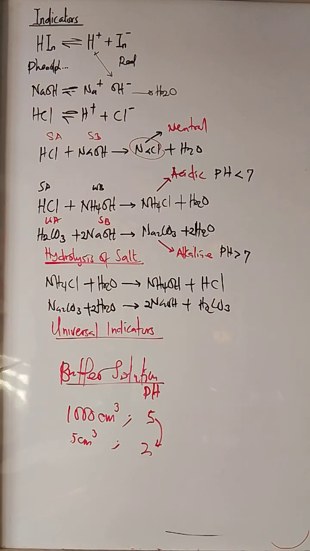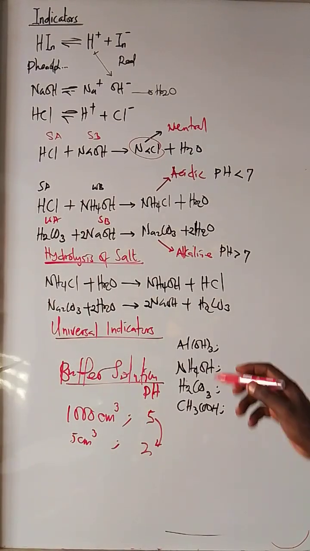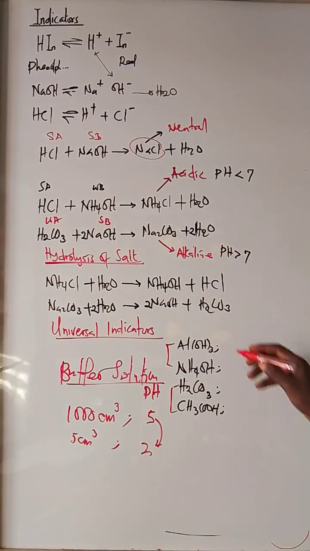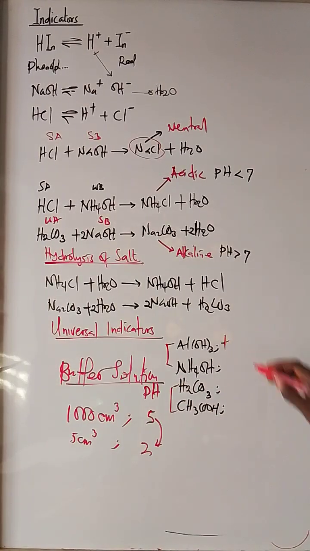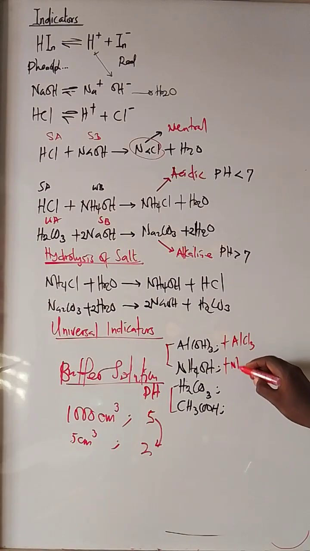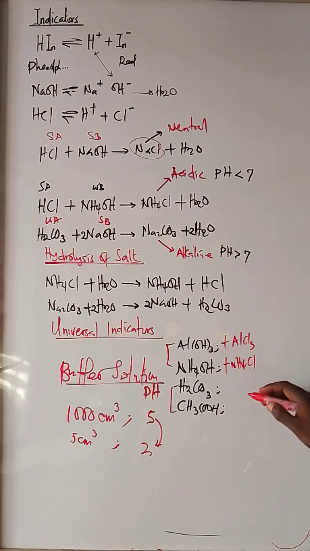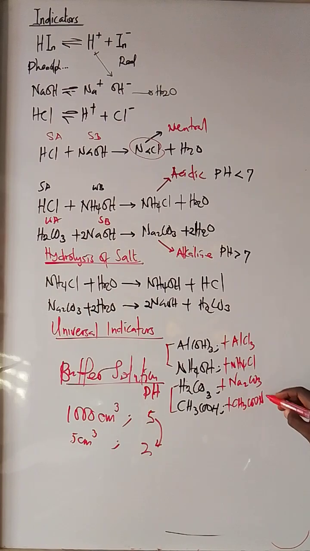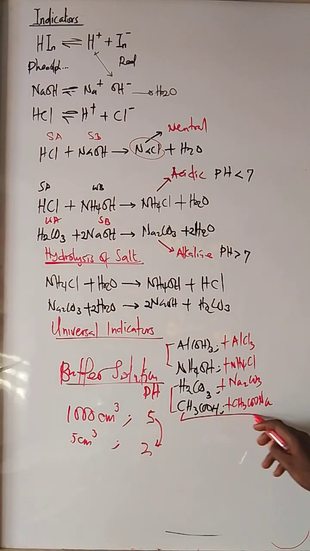Let's take some examples. These two are weak bases and these are weak acids. If we add to aluminum hydroxide, let's say, aluminum chloride, to ammonium hydroxide, ammonium chloride, to carbonic acid, sodium carbonate, and to ethanoic acid, sodium ethanoate, this is what we call a buffer solution.